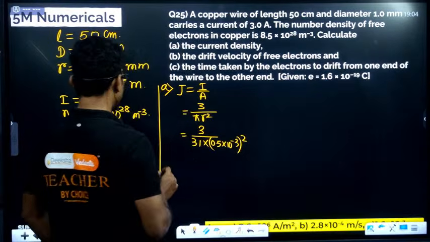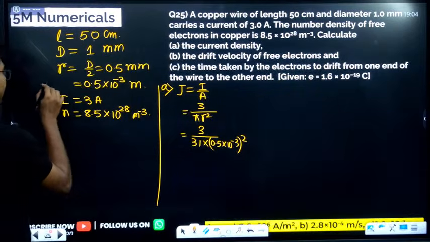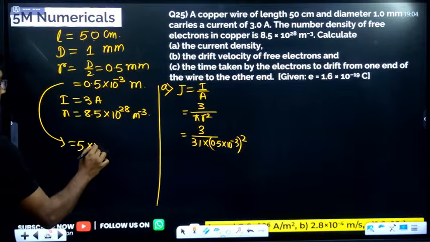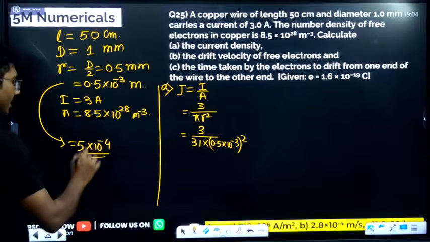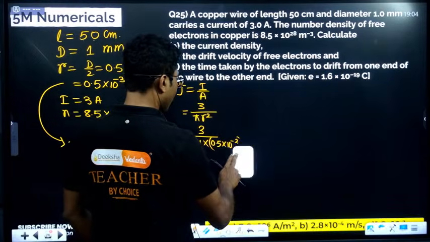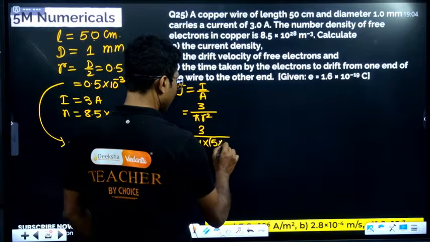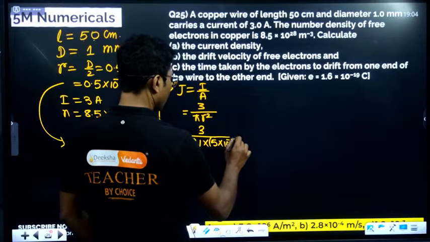Or 0.5 into 10 to the power minus 3 can be written as, one more step I should have done, 5 into 10 to the power minus 4. This is much easier to handle. So let me write 5 into 10 to the power minus 4 whole square.